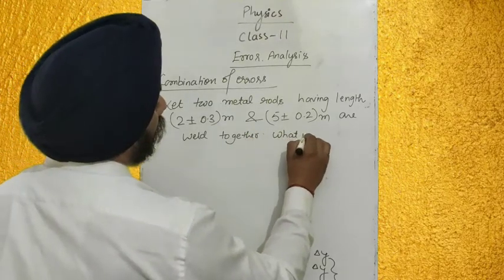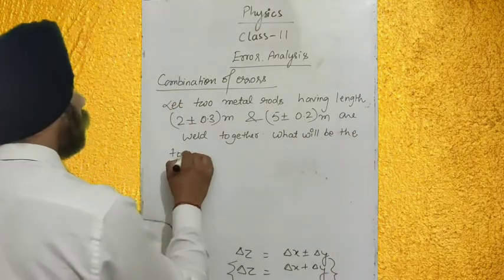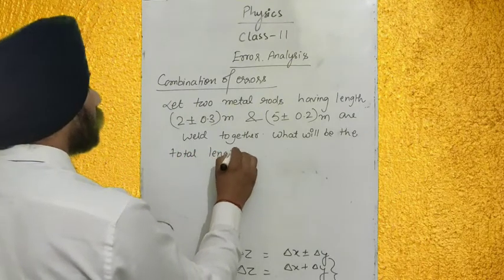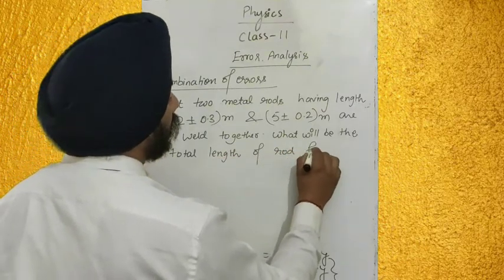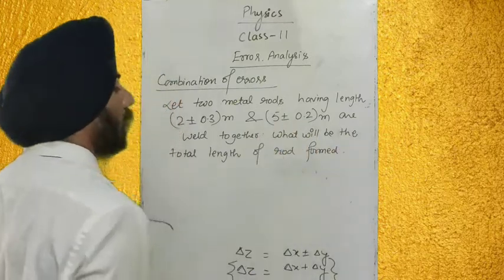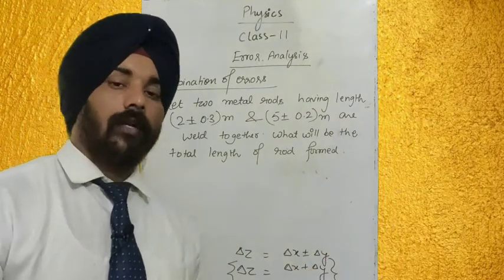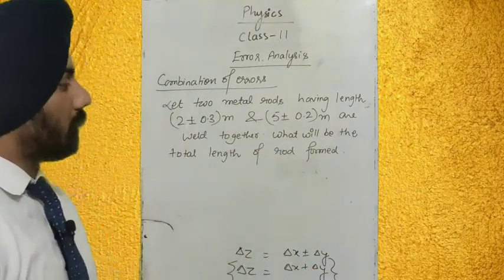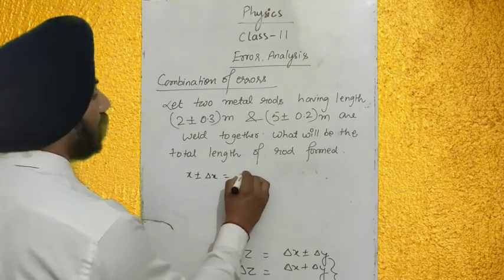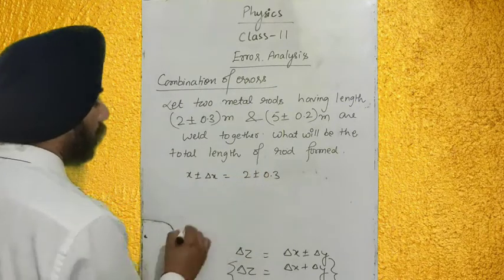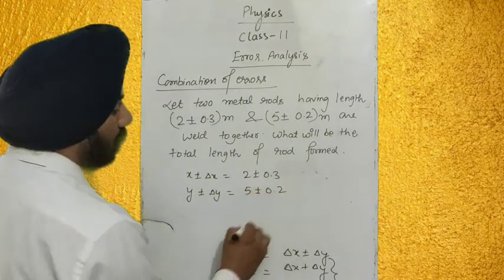What will be the total length of the rod formed? After welding these two rods, what will be the length of the new rod formed? So we have x plus minus delta x, it is 2 plus minus 0.3, and y plus minus delta y, it is 5 plus minus 0.2.